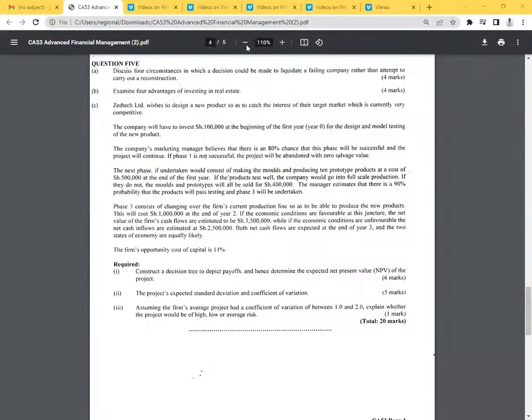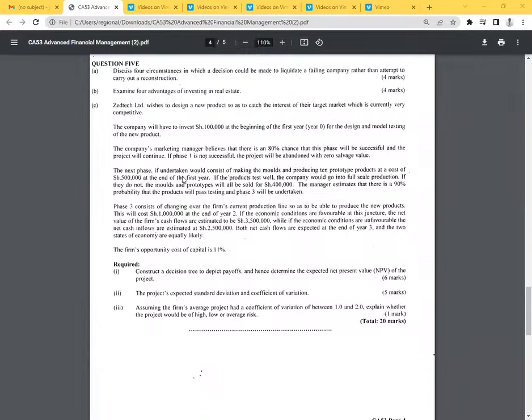Great. So I believe, ladies and gentlemen, that you have attempted it, and now Mwalimu should be able to finish it off. So what are we told here? Toit Limited wishes to design a new product so as to catch the interest of their target market, which is currently very competitive.